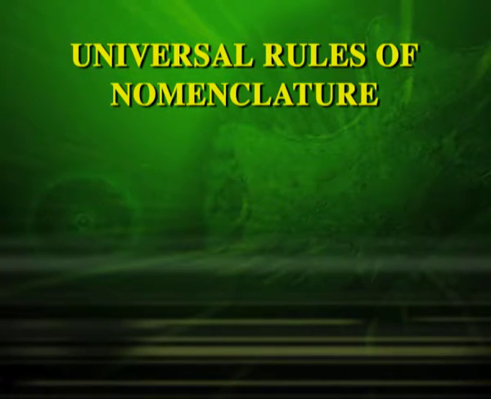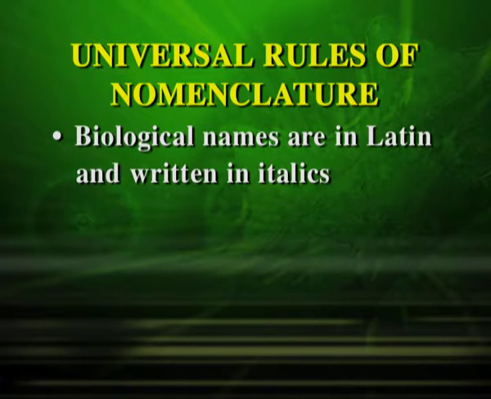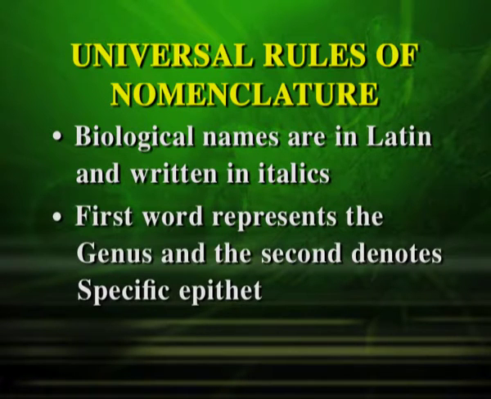There are certain universal rules for nomenclature. Biological names are in Latin and written in italics. The first word represents the genus and the second denotes the specific epithet.